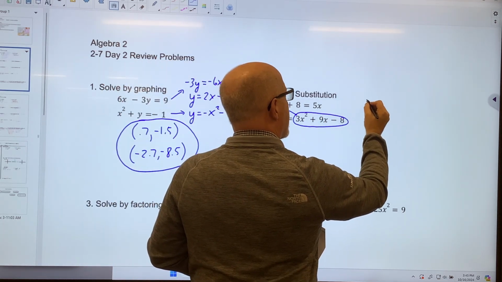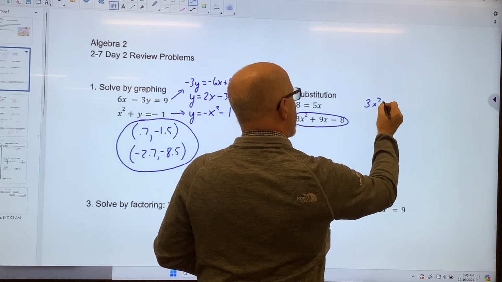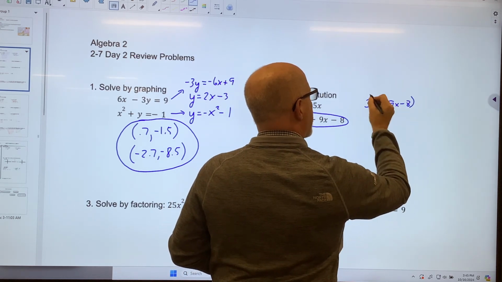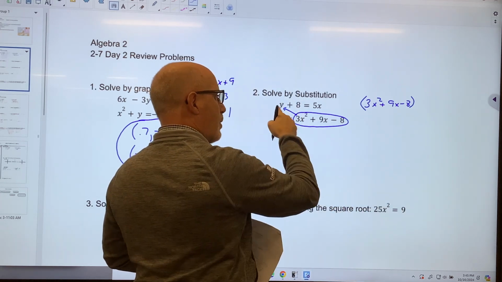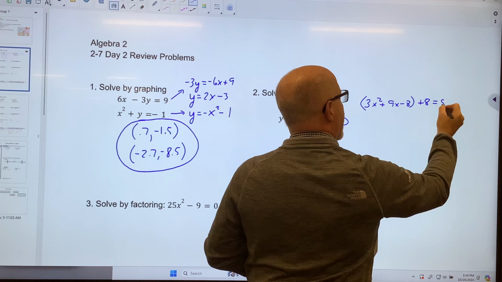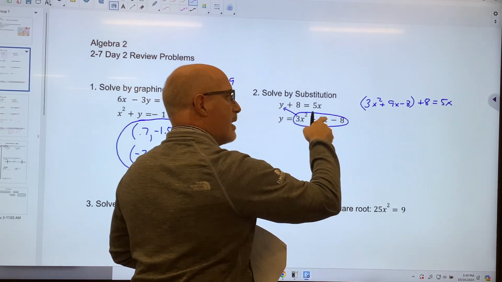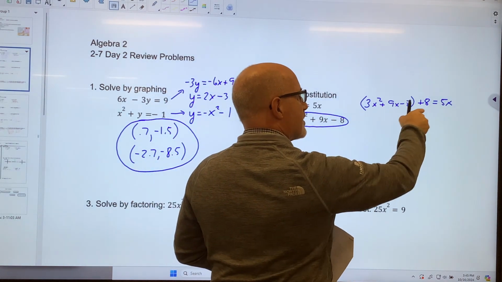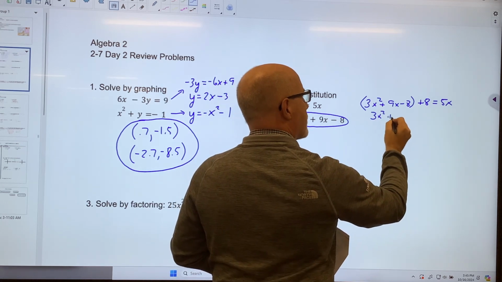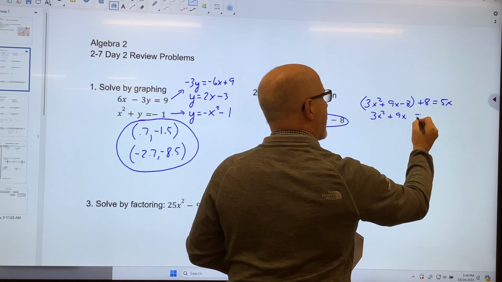So I'm going to have 3x squared plus 9x minus 8, which is what y is equal to, then plus 8 is equal to 5x. Now I'm going to take this plus 8 and negative 8, and I can simplify that. So 3x squared plus 9x equals 5x.